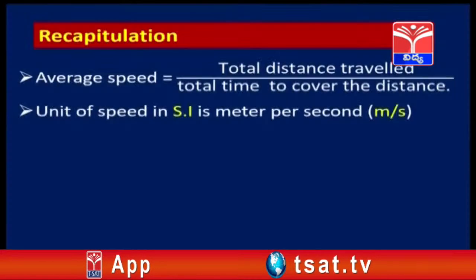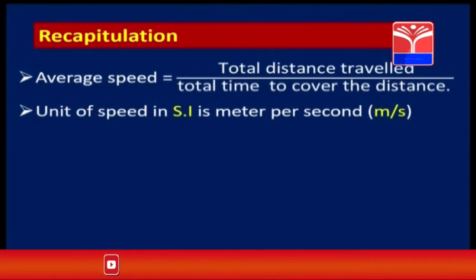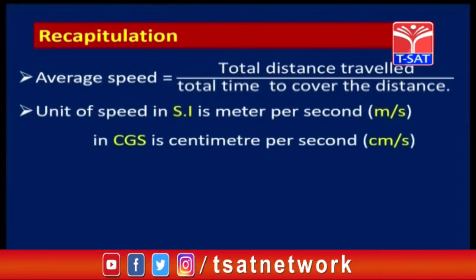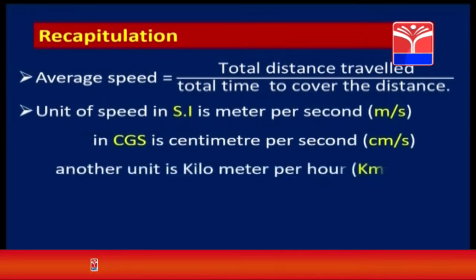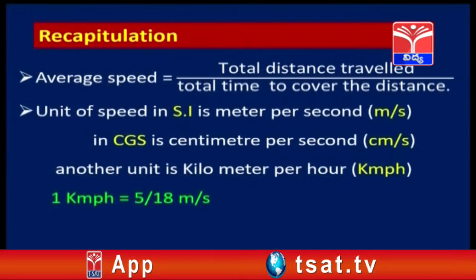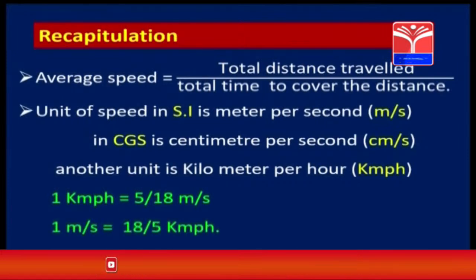So what is the unit of speed, children? Yes, the unit of speed in SI is meter per second, and in CGS it is centimeter per second, and there is another unit, that is kilometer per hour. 1 kilometer per hour is equal to 5/18 meter per second, and 1 meter per second is equal to, yes, the reciprocal, 18/5 kilometer per hour.